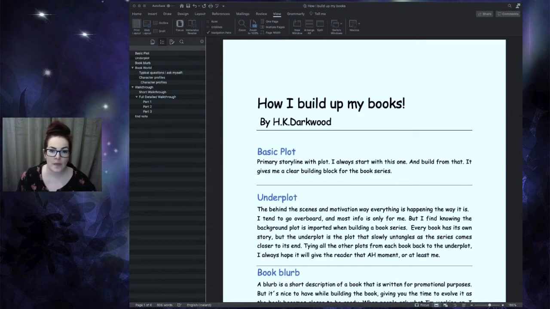So this is my file. This is the basic skeleton of how I plan my book. There's nothing book related in this file at the moment.